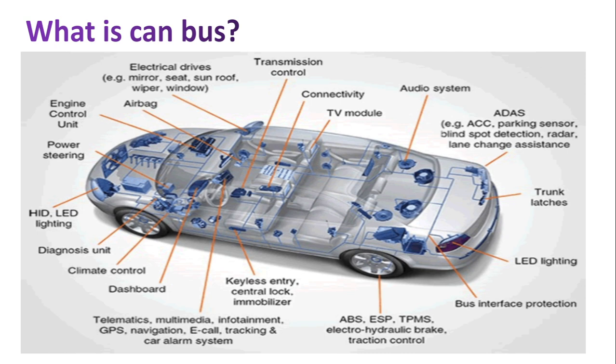Now let's get started. So the main question that will arise in your mind is, what is the CAN bus, right? So I will give some brief through this image. Okay, so we'll get a little idea about the CAN bus.